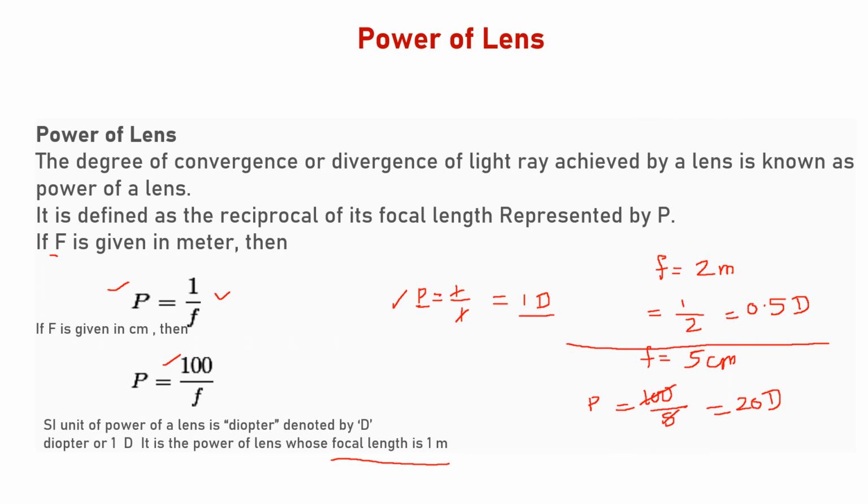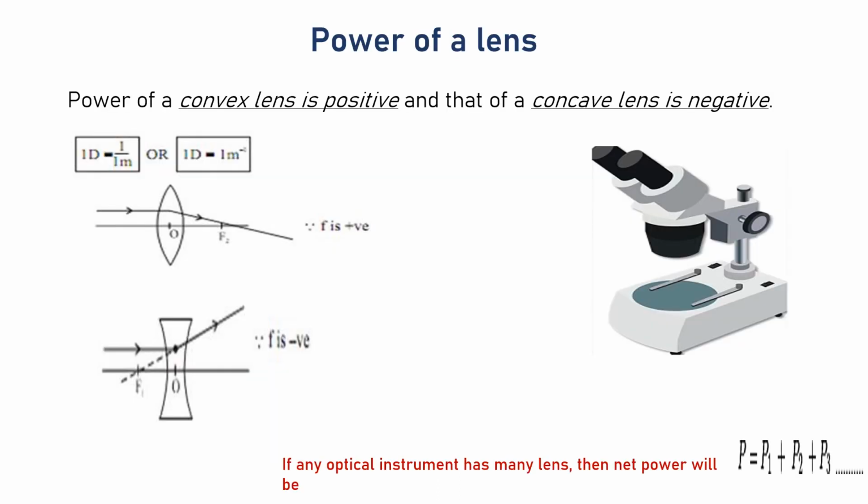Okay, children? Now here comes the power of a convex lens is always positive. You must have heard people say that my power is 0.75, or someone says it's plus 1, or someone says it's minus 1.2, right? So what do you mean by positive and negative signs here?